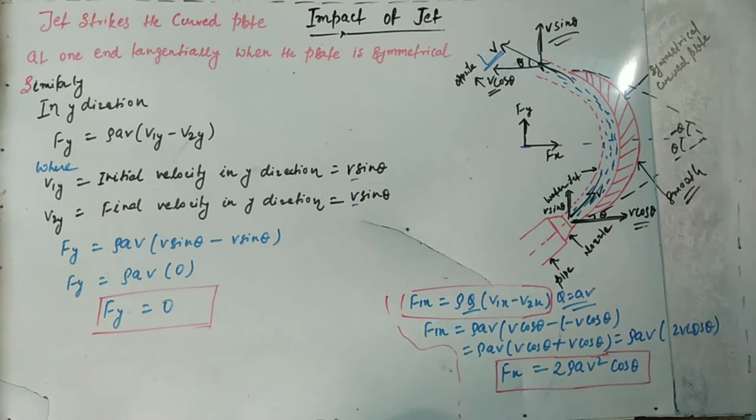So therefore no force acting in the y direction. So in y direction force is equals to 0. So in y direction and x direction we found the value of force acting in the curved plate by the water jet, which is acting on tangentially.